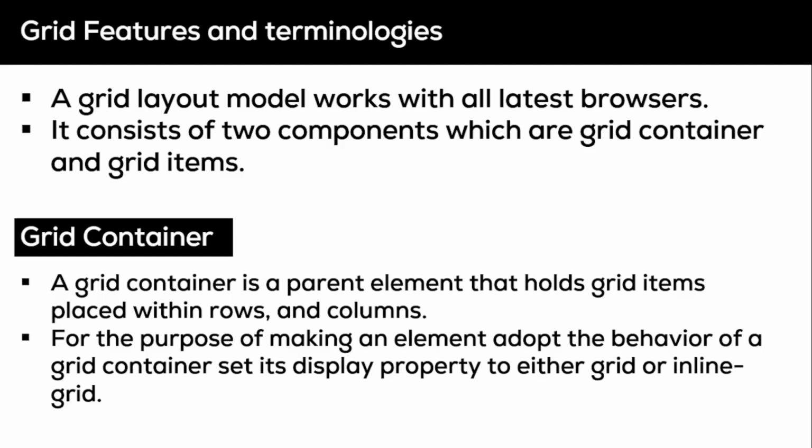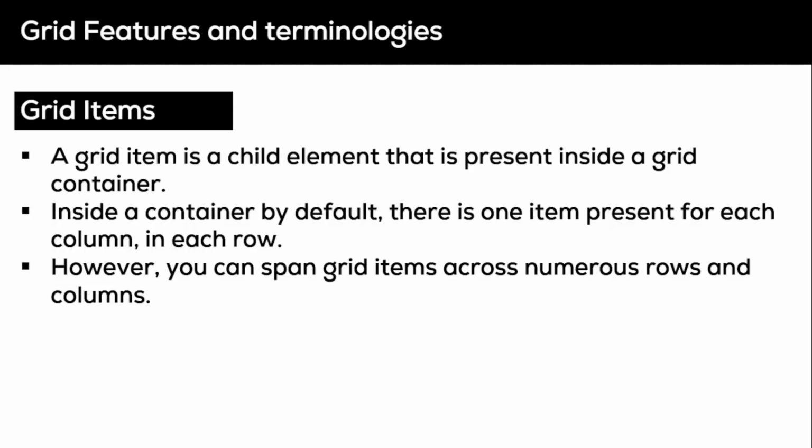A grid container is the parent element that holds grid items placed within rows and columns. So for the purpose of making an element adopt the behavior of a grid container, set its display property to either grid or inline grid. So we are going to look at examples of grid.